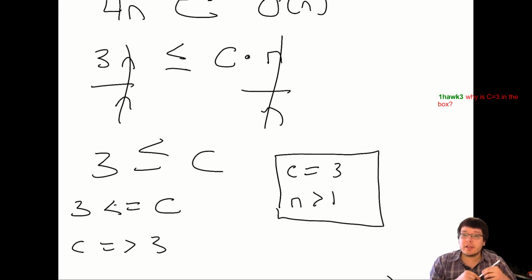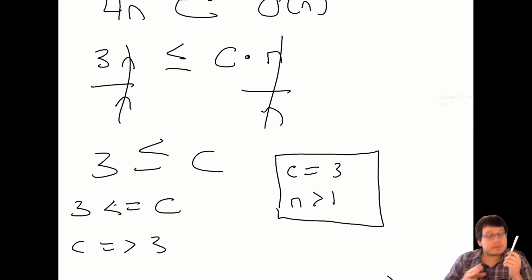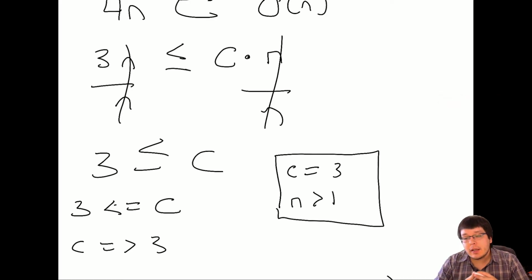Why is c equal to 3 in the box? Because when you're doing a certificate, you want to pick a number. We know that any number bigger than 3 would actually work in this scenario, but in terms of a certificate, you got to pick a number from the group here.